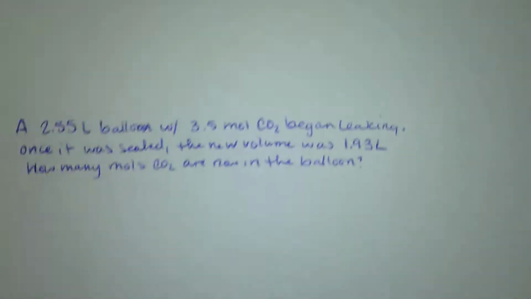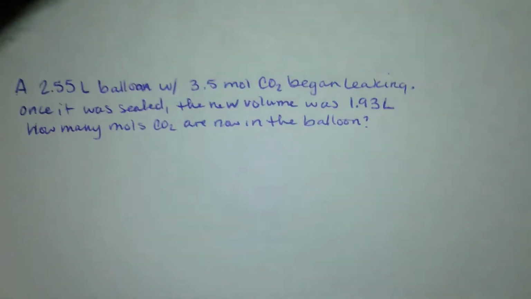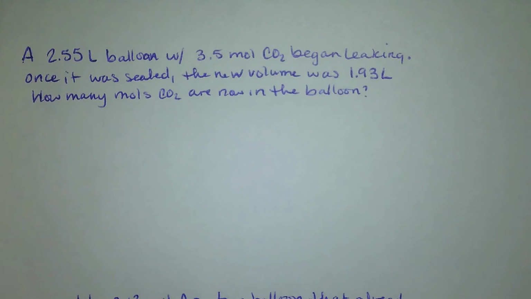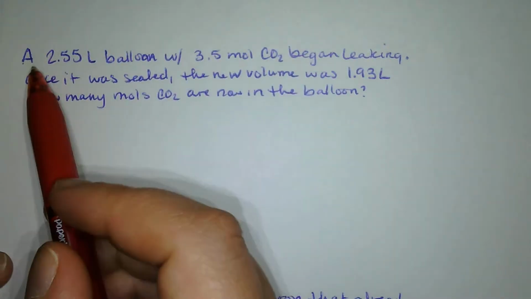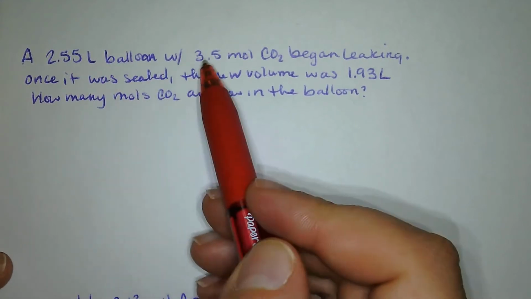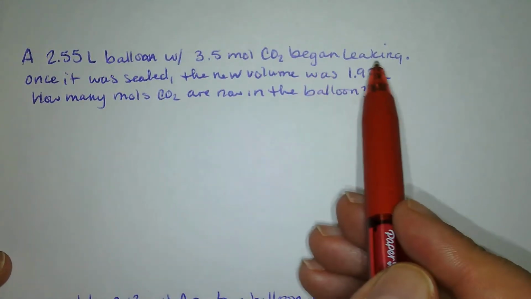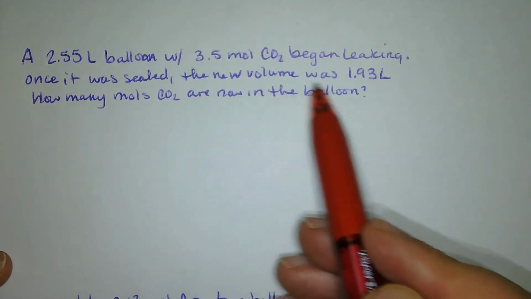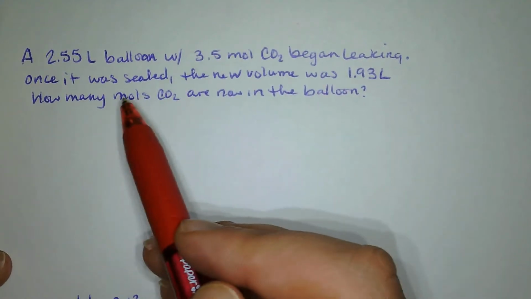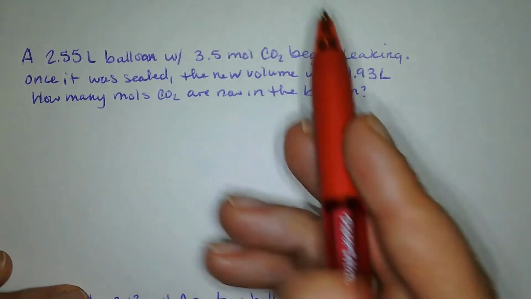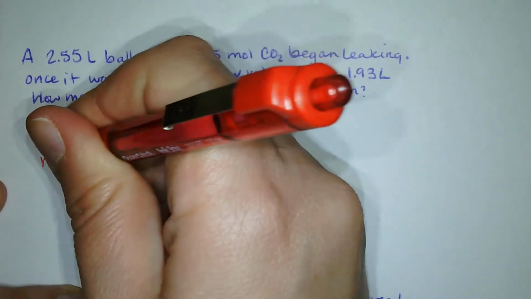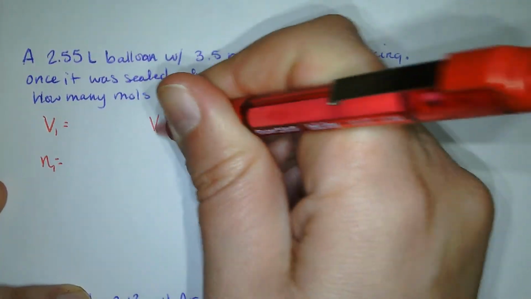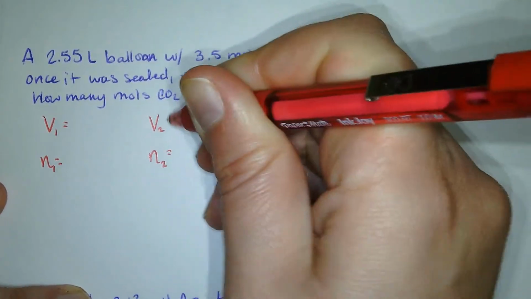Just like the other days, here is our first one. All right, so let's start off with reading it. A 2.55 liter balloon with 3.5 moles CO2 began leaking. Once it was sealed, the new volume was 1.93 liters. How many moles CO2 are now in the balloon? So we have our V1, N1, V2, N2.